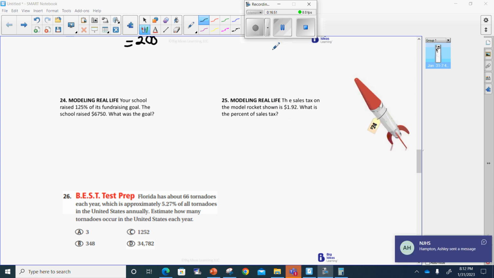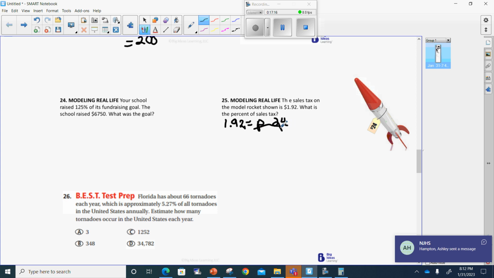Please hold on. All right, I see that the rocket here is actually $24. So the sales tax is $1.92, which means 1.92 was the amount we're paying on the tax. That's going to be equal to whatever the percent was times $24.